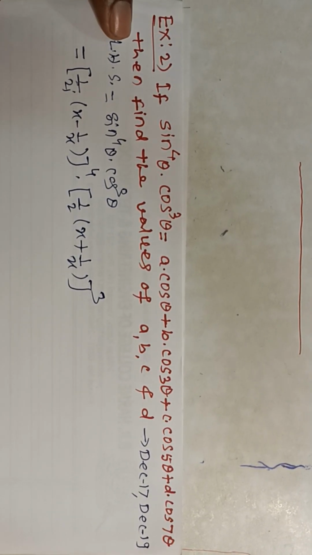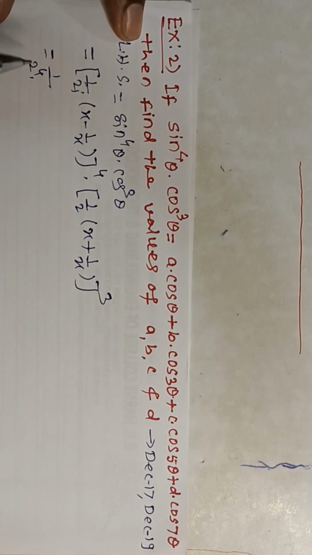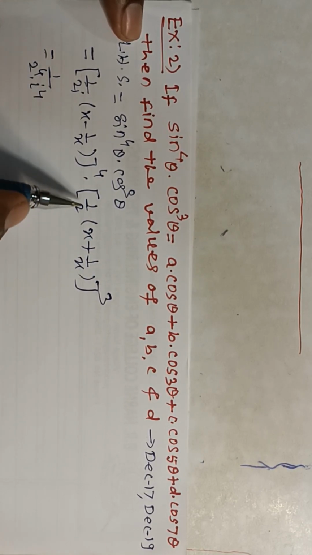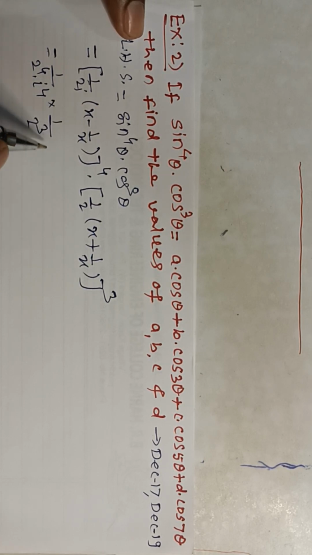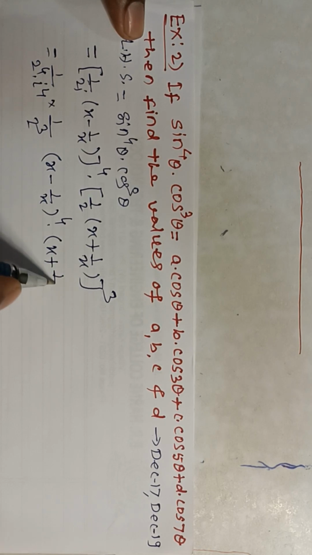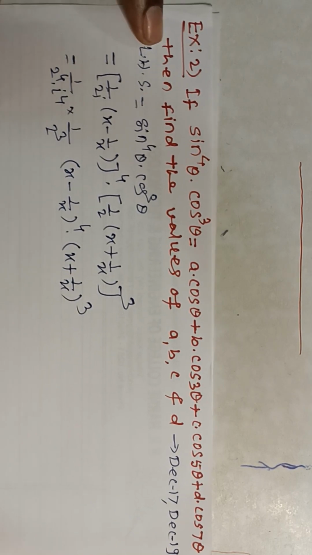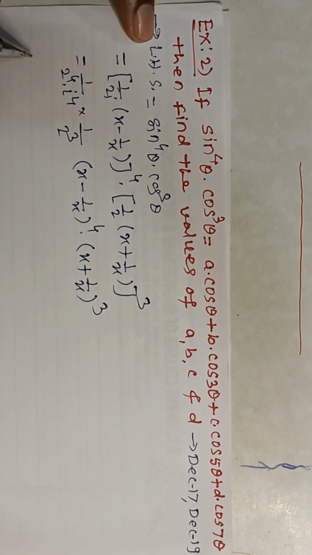Okay, and then 1 upon 2i to the power 4, 1 upon 2 to the power 3, and then the remaining brackets (x minus 1 upon x) to the power 4 and (x plus 1 upon x) to the power 3. Again this is equal to 1 upon 2 to the power 4, that is 16, and 2 cube is 8.